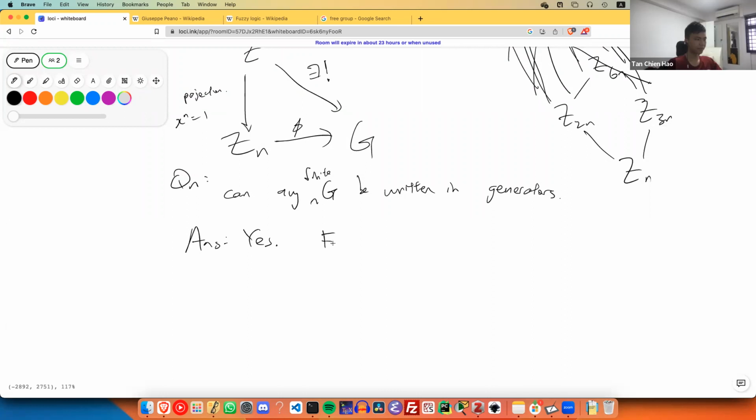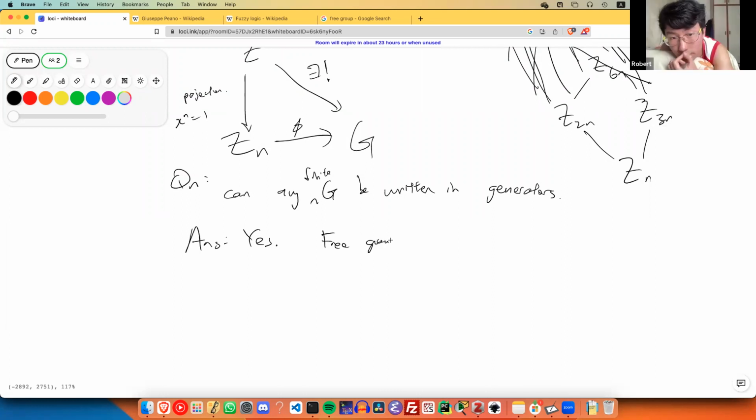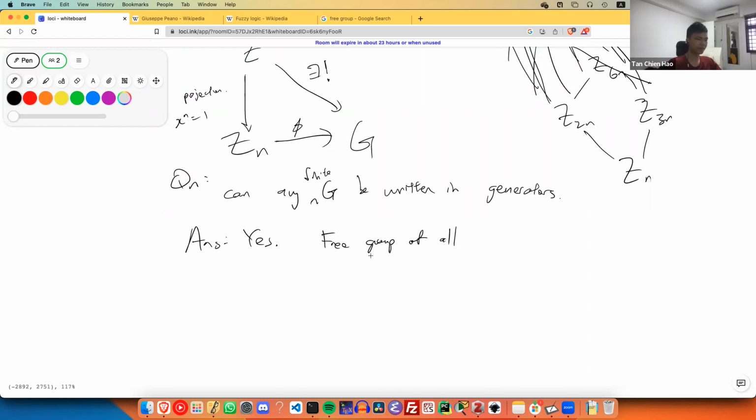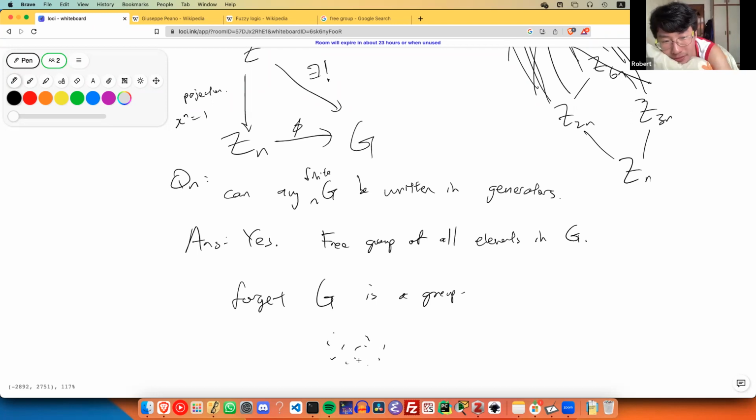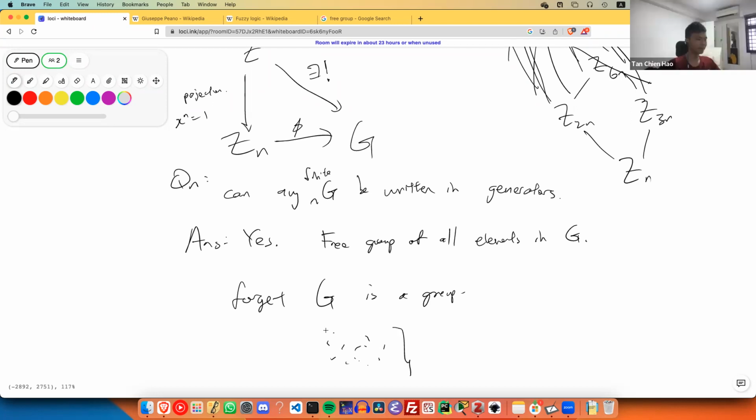we can just take the free group on all elements of G. We think of G as a set and forget all the group structure, so G is a set of lone elements, a forgetful functor.